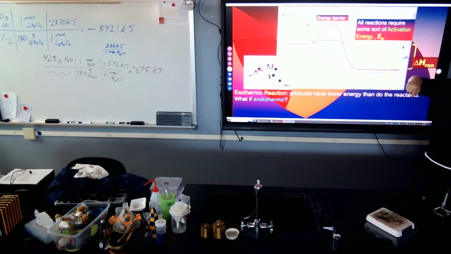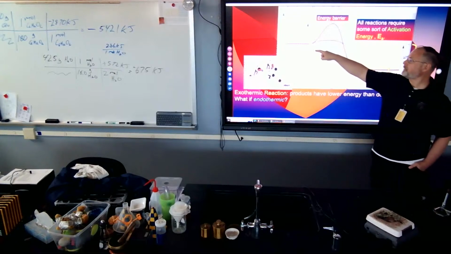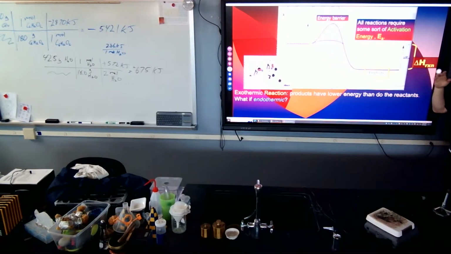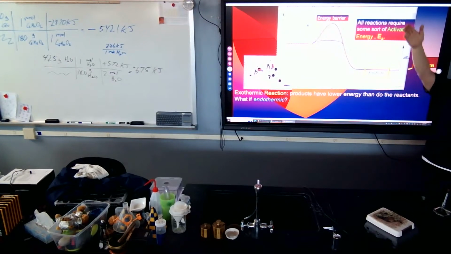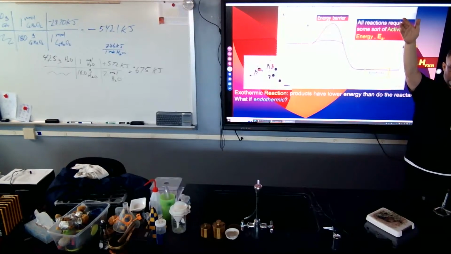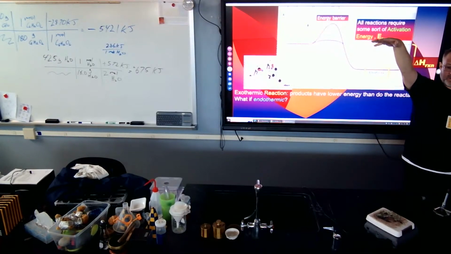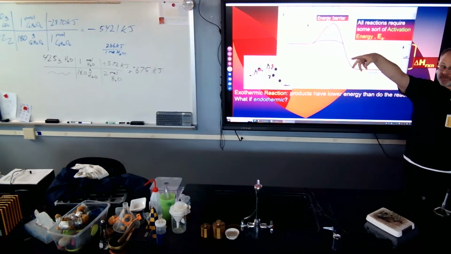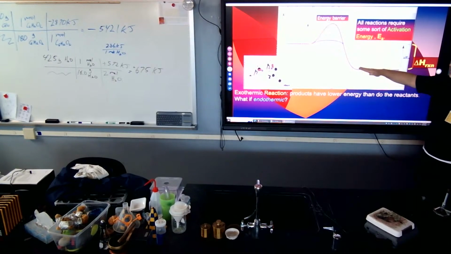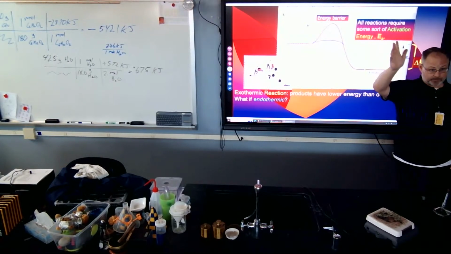Final minus initial, 20 minus 50, gives you a delta H of negative 30. In an exothermic process, the energy of the system drops, and the amount it drops from its original value is the delta H of the reaction. It's how much energy is released.